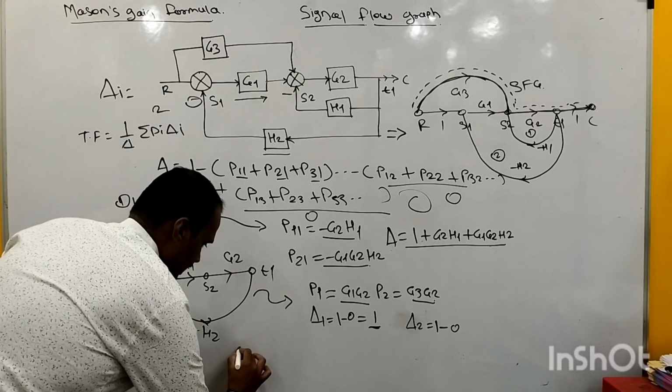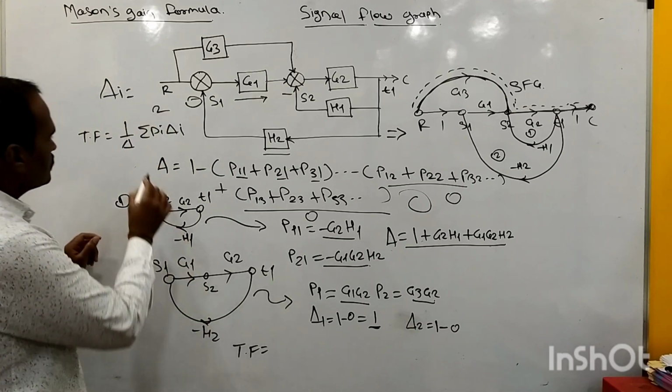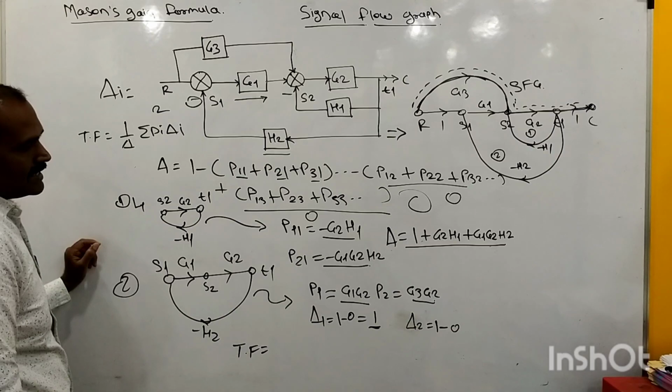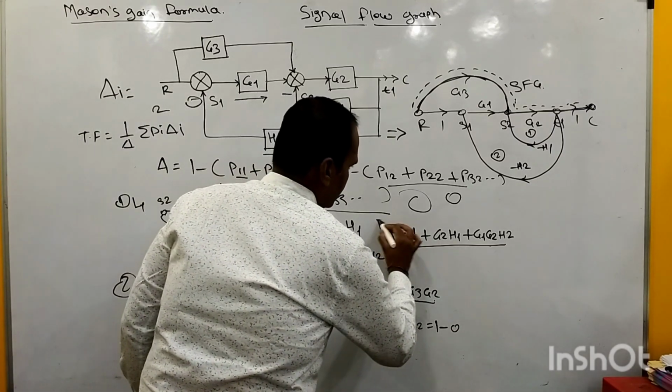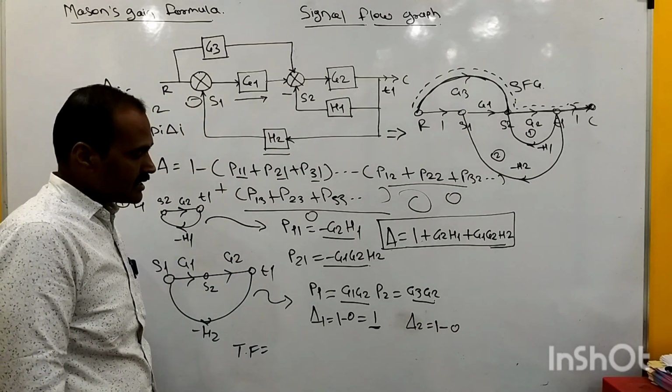So the overall transfer function will become, I will write, transfer function equals 1 over delta. Here delta is already tabulated: the term written within this rectangular box is the system determinant.